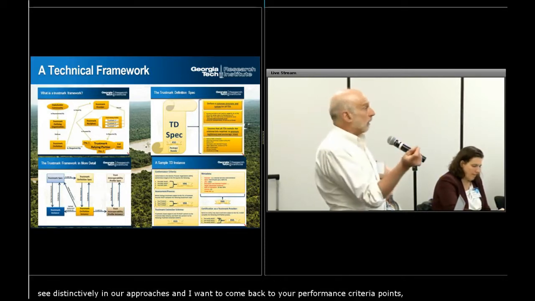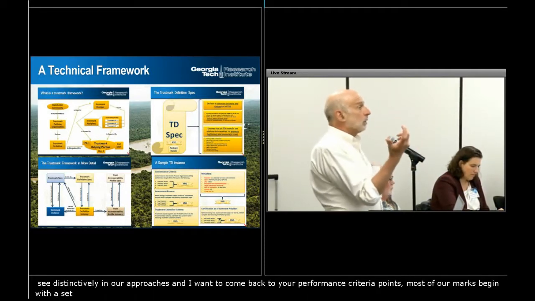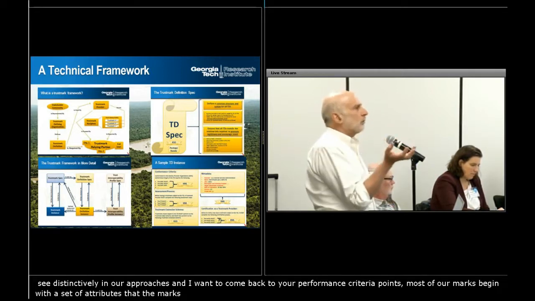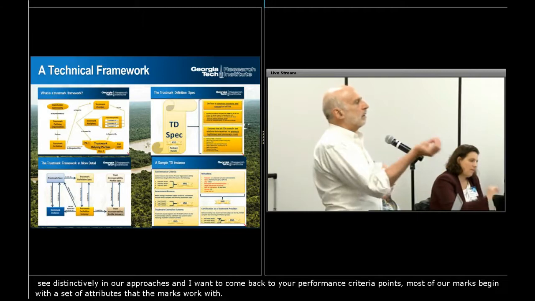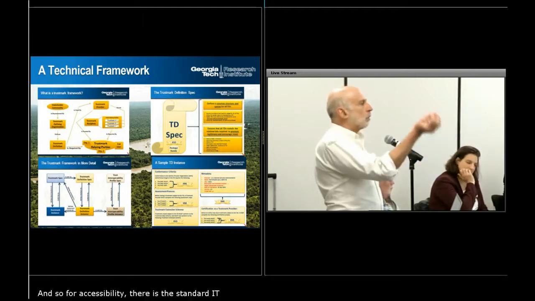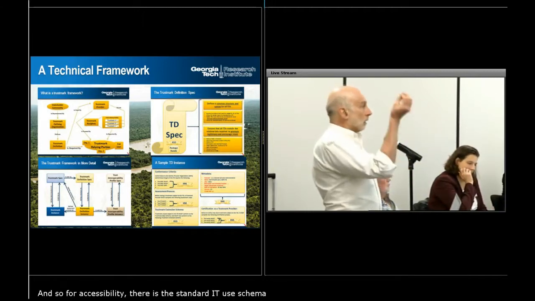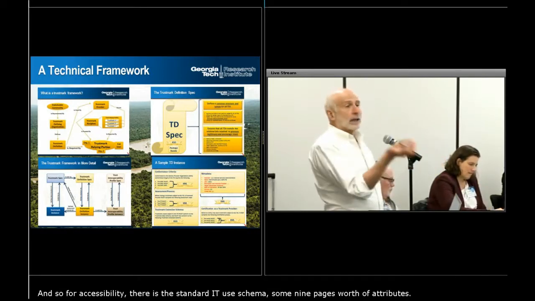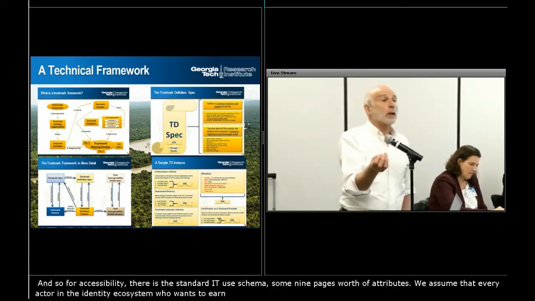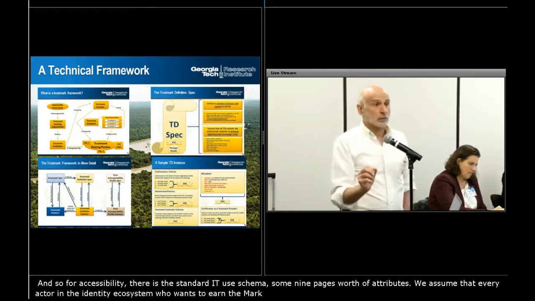And so for accessibility, there's the standard ITU schema of some 9 pages worth of attributes. We assume that every actor in the identity ecosystem who wants to earn the mark has to have some awareness of those attributes that are specialized. In the case of the research and scholarship mark that we use today, there are no special attributes.